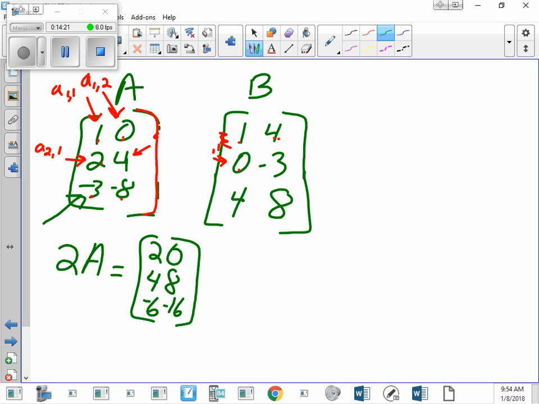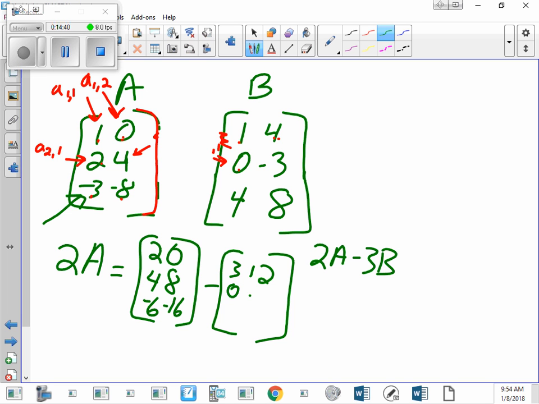Okay? Well, what if I wanted 2A minus 3B? I'm going to subtract the triple of B. So 3, 12, 0. And now I put them together.